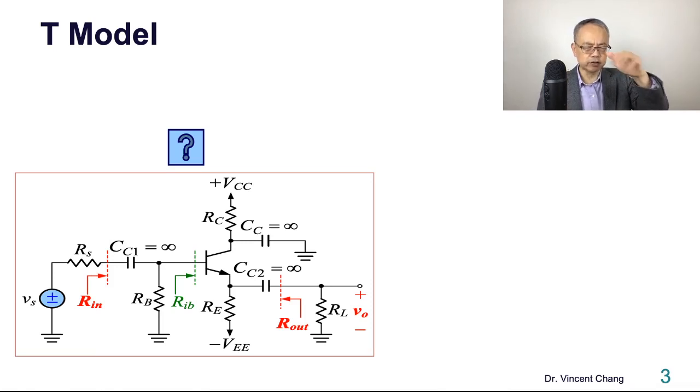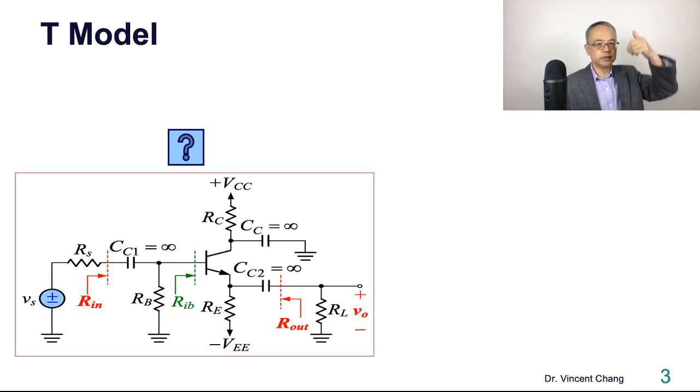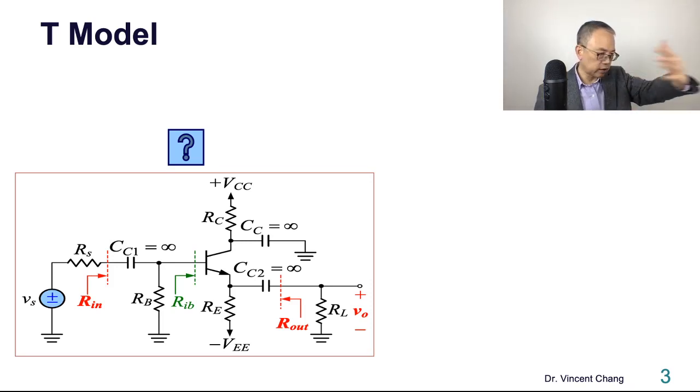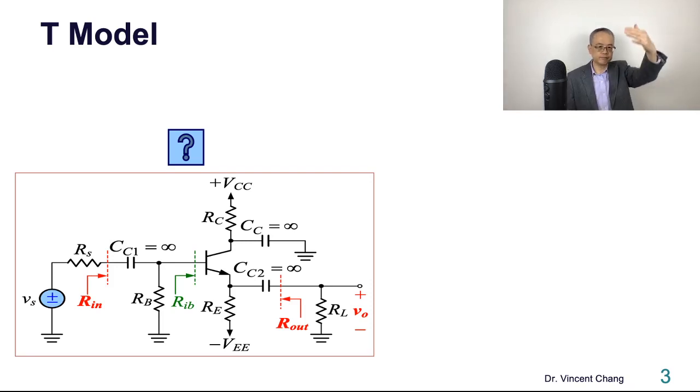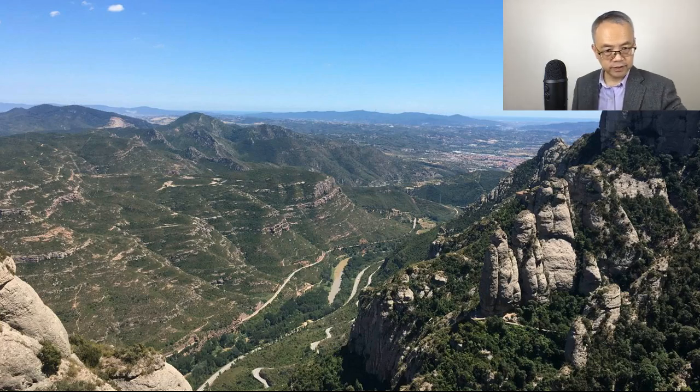Number one, just sketch the small signal equivalent circuit based on the T model. Number two, once the T model is finished, lay out the three expressions for the input resistance, voltage gain, and the output resistance. Let's pause for 10 minutes.